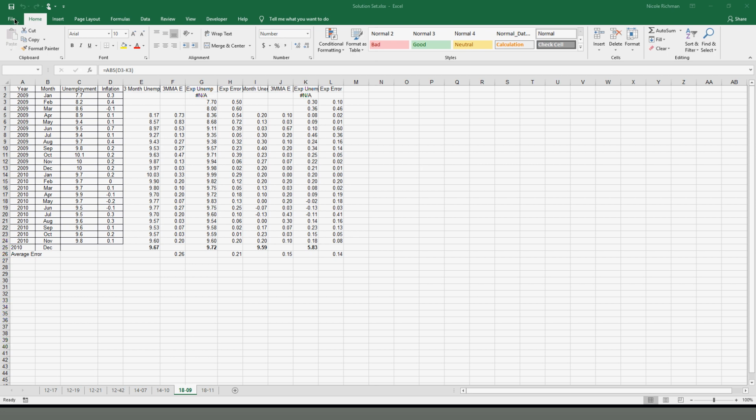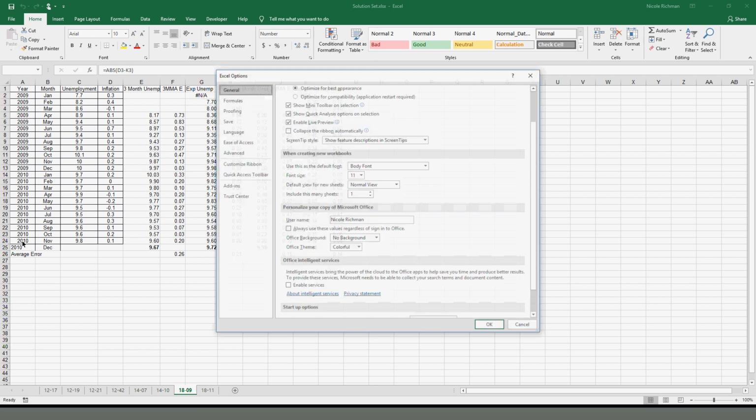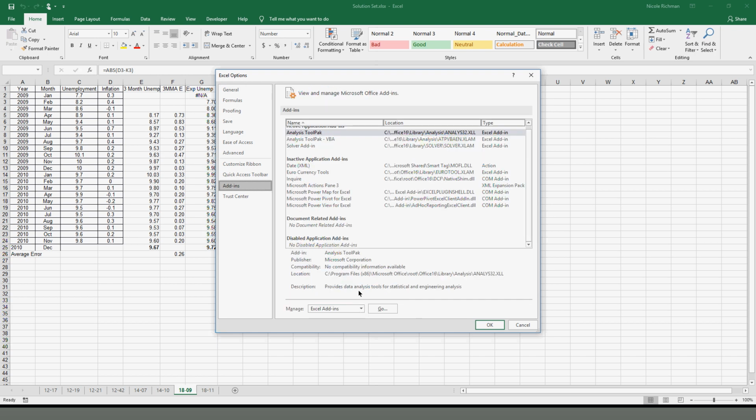All right, so let's say you don't have the data analysis tab and you want to add that in. We're going to go to File, Options, Add-ins, and we're going to do Excel add-ins down here at the bottom. So if that isn't in there, make sure Excel add-ins is in there and click Go.